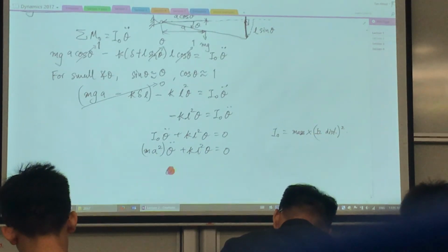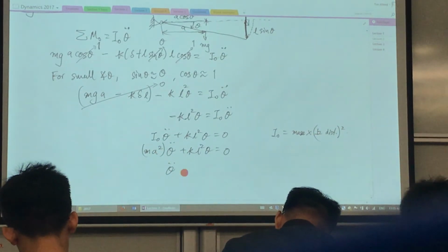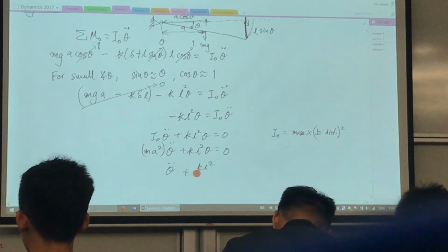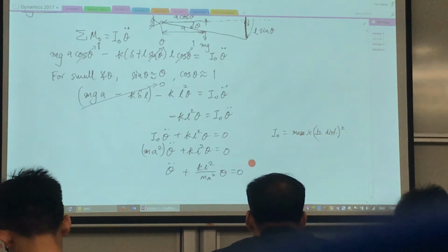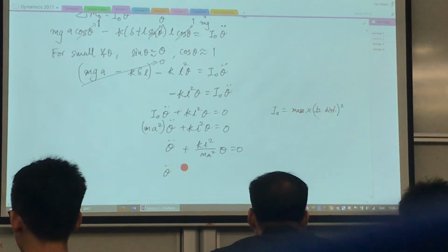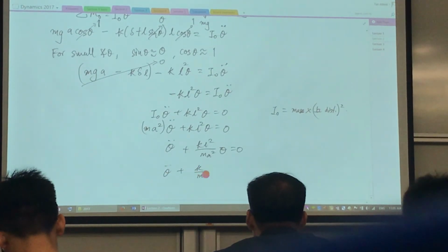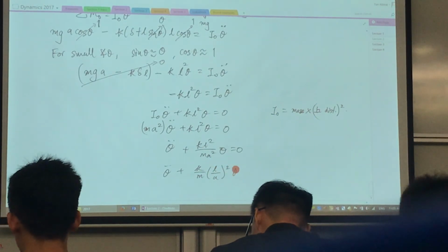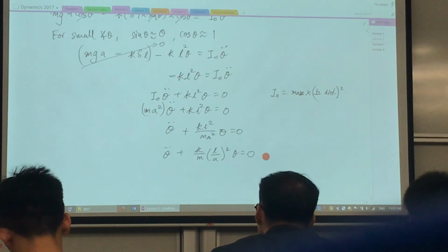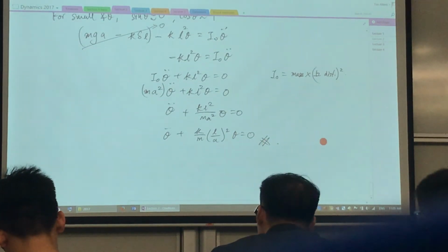So we can divide throughout by m a squared. I have k L squared divided by m a squared, theta, equal to 0. And that's your equation of motion.